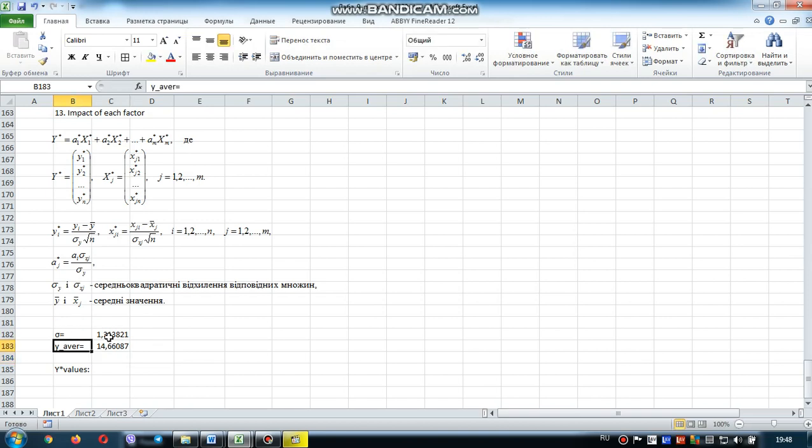We can write in this way. And we can just multiply inputted formulas.